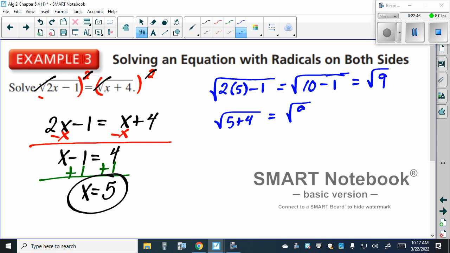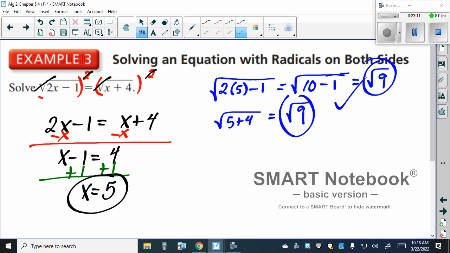Square root of 5 plus 4 is 9, yes? Are they the same? Is the square root of 9 the same thing as the square root of 9? Yeah, okay. It works. I don't have to take the square root of both of them, because since they both have the radical, okay, they are the same. Square root of 9 is the same thing as square root of 9.